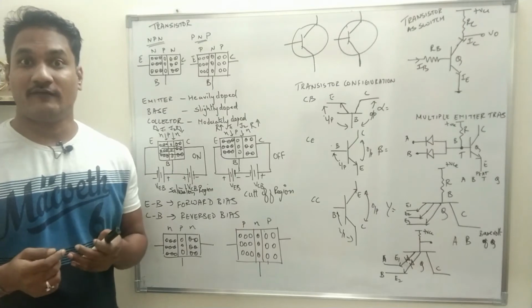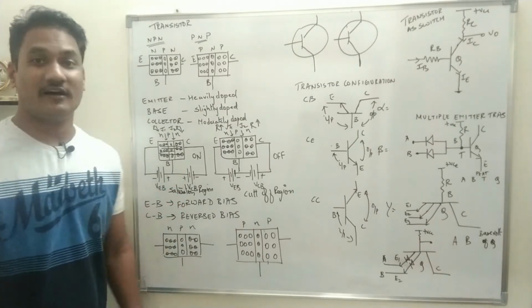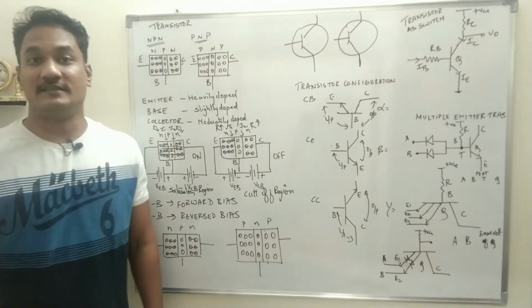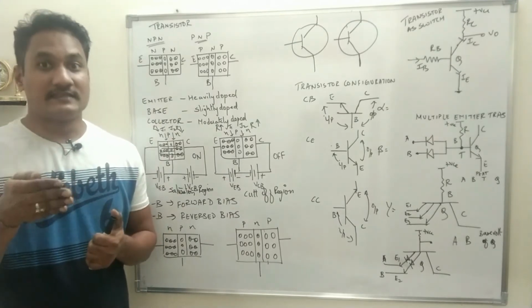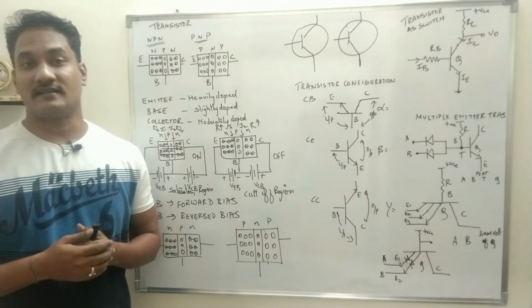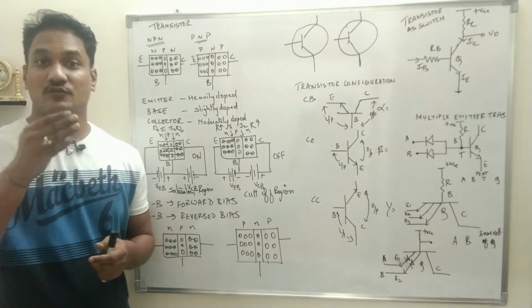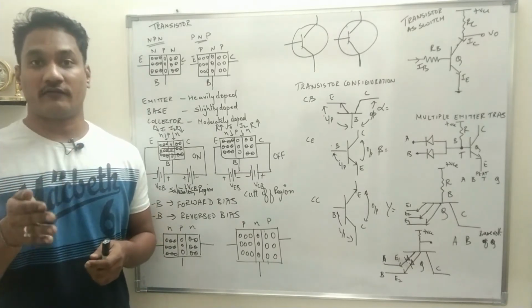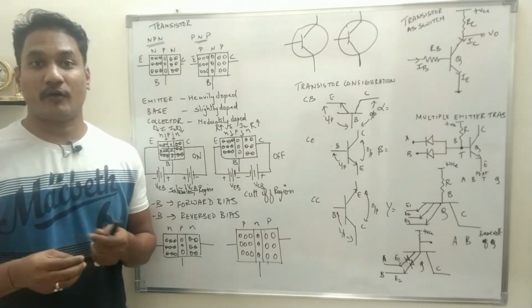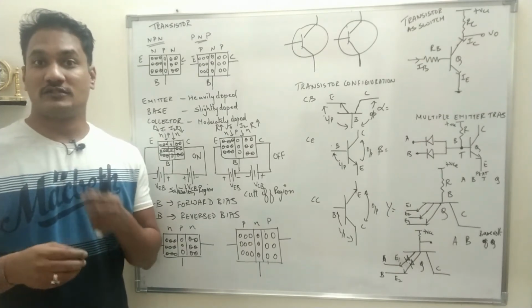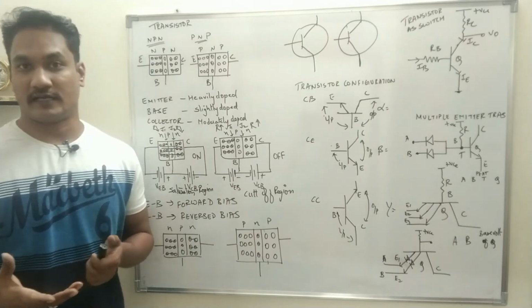But for that, I have to change the polarity of VEB and VCB. That has to be done manually. But if you understand the characteristics of the transistor, the transistor switches from on to off or off to on in nanoseconds. So it is not possible to change the polarity manually in nanoseconds.